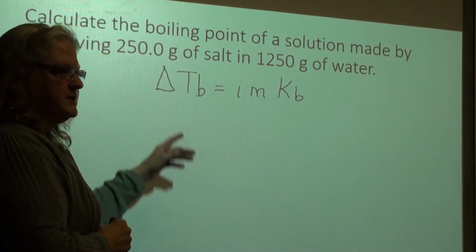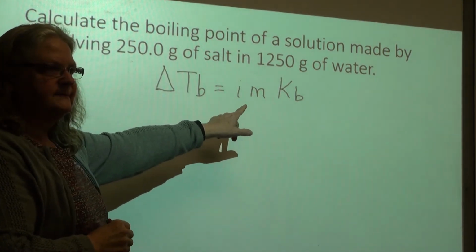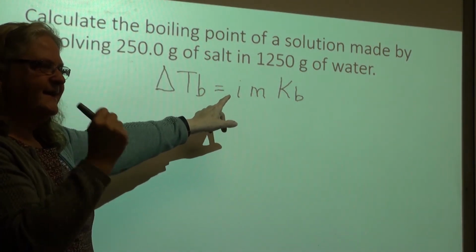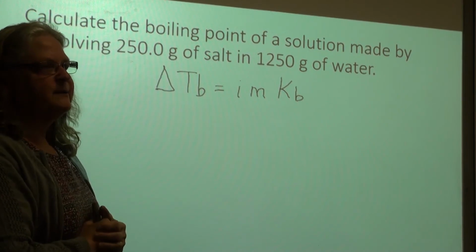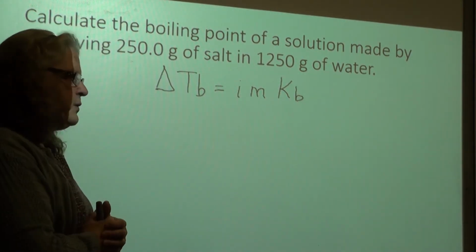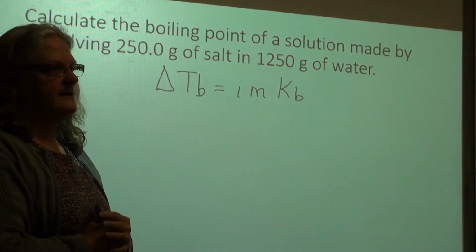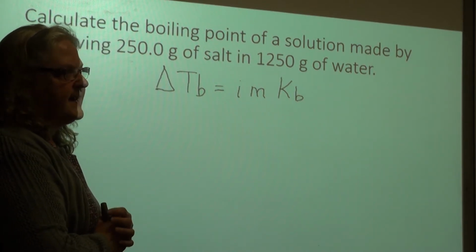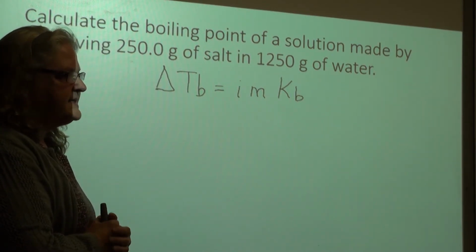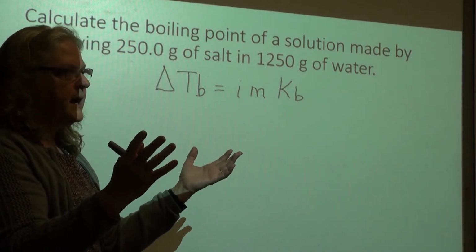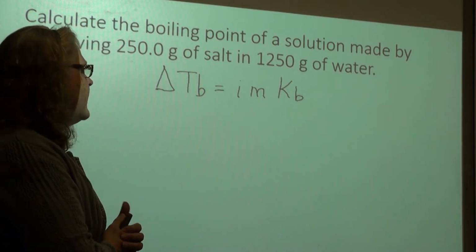Where did the I come from? Remember, I threw that in afterwards. Every equation we use, we're going to have the I in there. So I have to keep in mind that if it breaks up into more than one particle, I have to account for that.